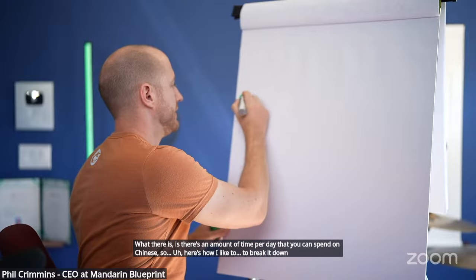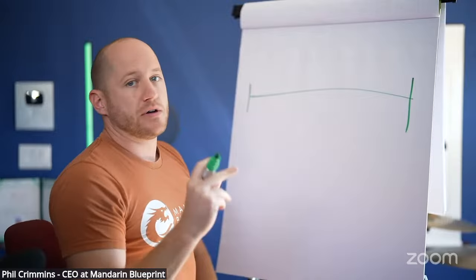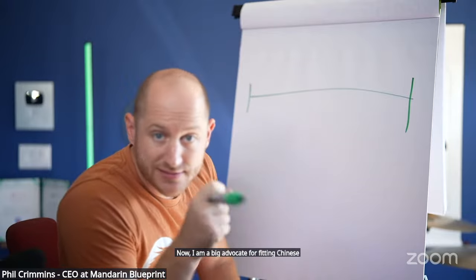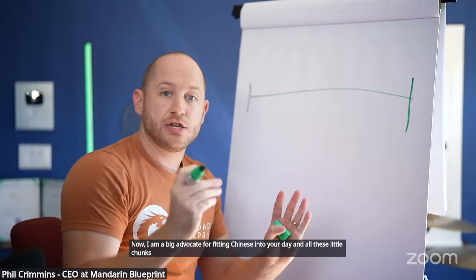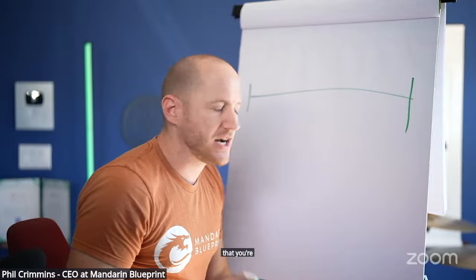Now I am a big advocate for fitting Chinese into your day in all these little chunks, but let's just say you have a set amount of time that you're focusedly studying Chinese. Okay.